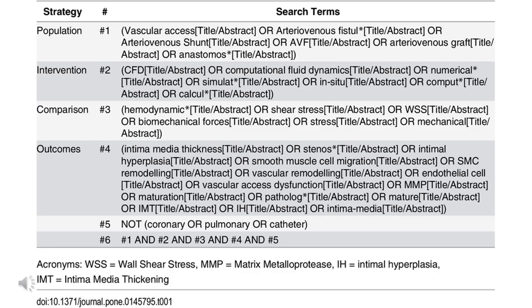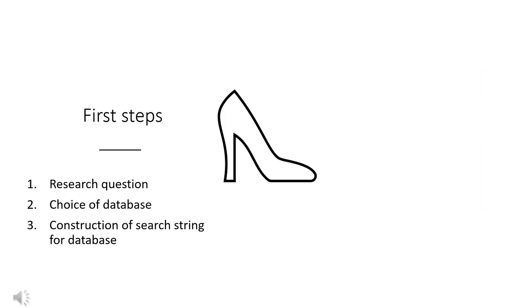What matters is the overall structure of the search string, because that's what we're looking at. So this is an example of what I want you to understand, to learn, to be able to construct. And we will go into more depth on this later, but for now it's just an example of a search string.